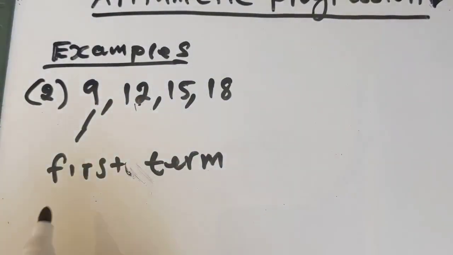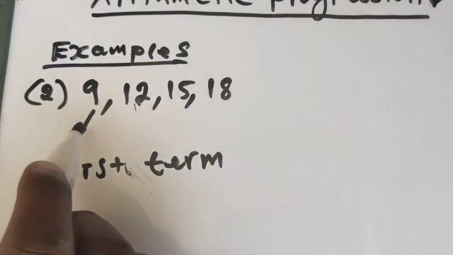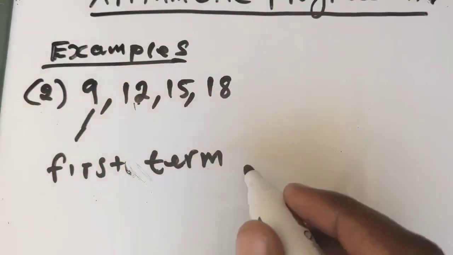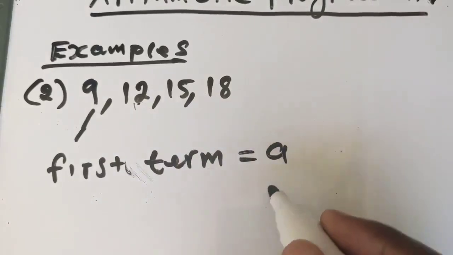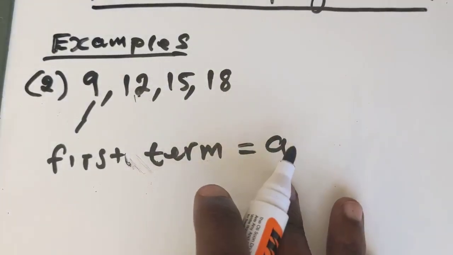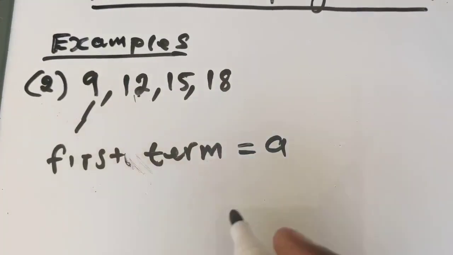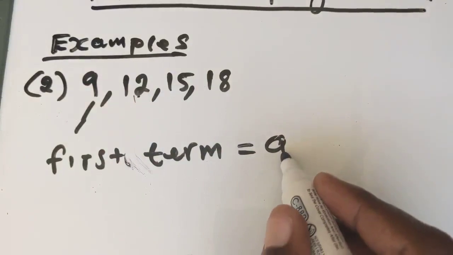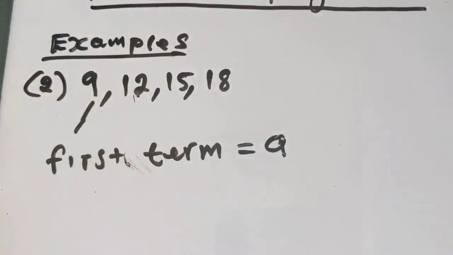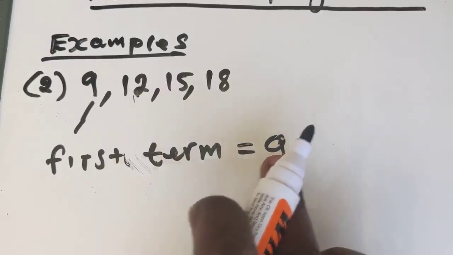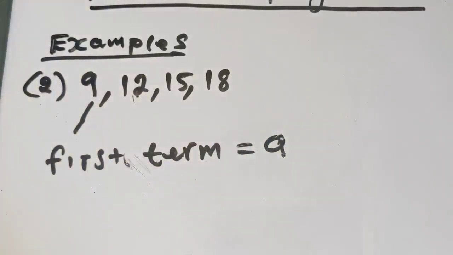This first number is called the first term, and it is denoted, or represented, by A. Whenever you see A, it is the first term.